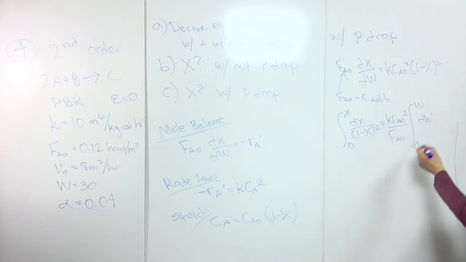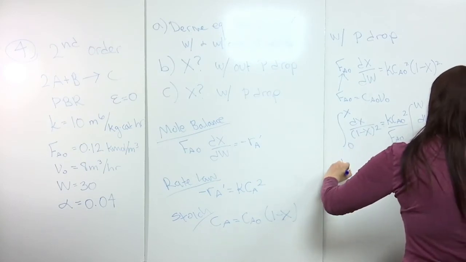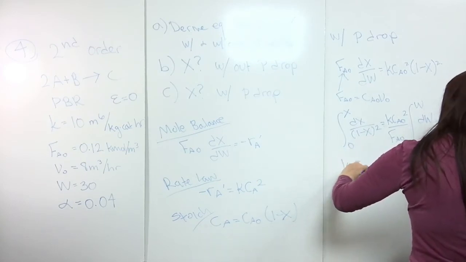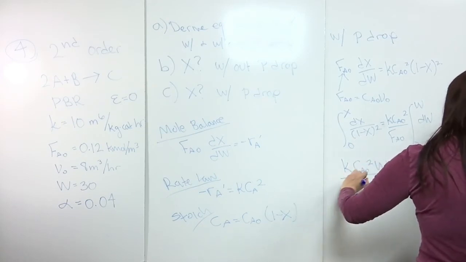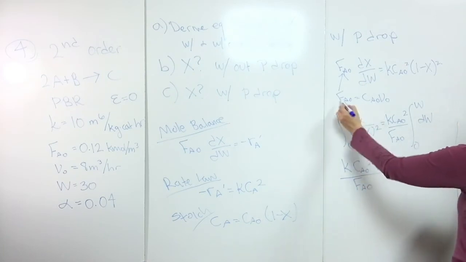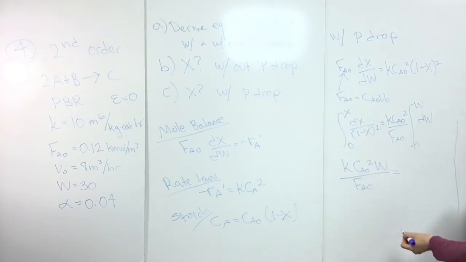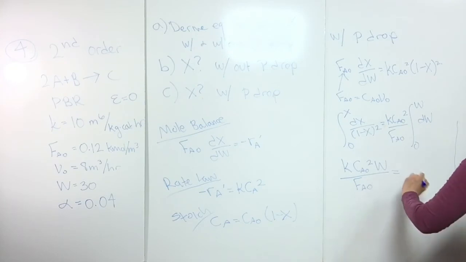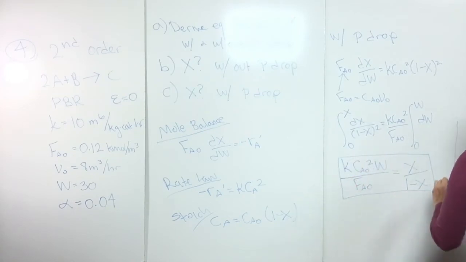And so then if I integrate this, I end up with K CA naught squared multiplied by w over FA naught. I guess I didn't end up plugging that in, but you could, and then you could cancel out one of the CA naughts. And then this is x over 1 minus x. So this is what you get with no pressure drop.